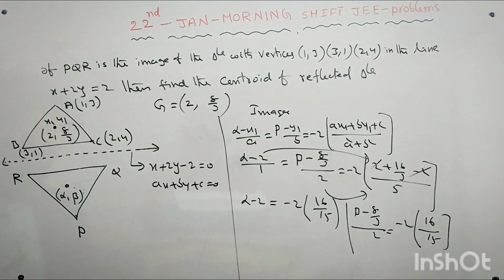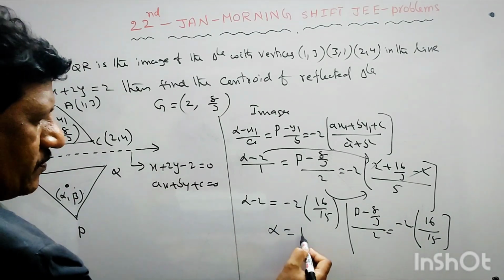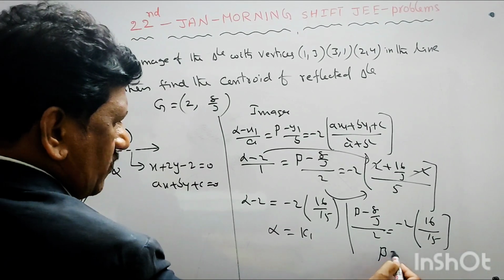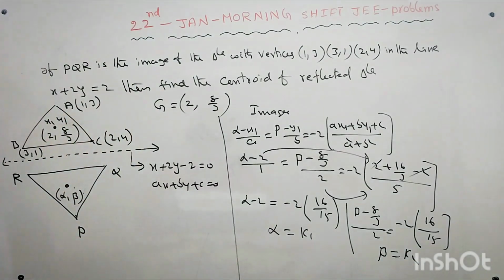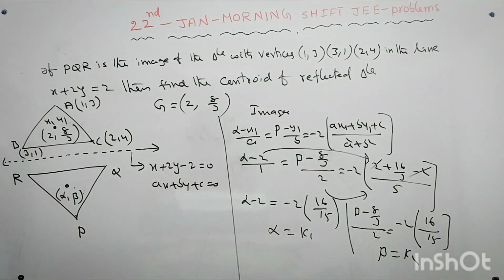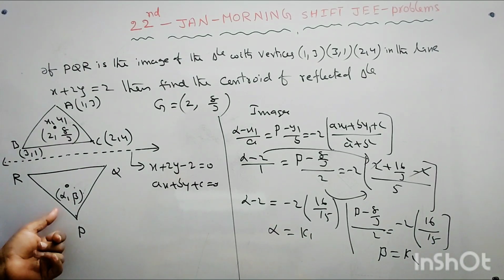Then from this step you will get the alpha value, and after simplification from this step you will get the beta value. Then after finding alpha comma beta, that is the centroid of triangle PQR.